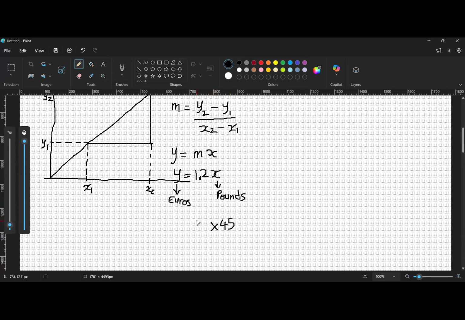So help me check that on your calculator. 1.2 times 45, what did you get? 1.2 times 45 is 54. It's 54.